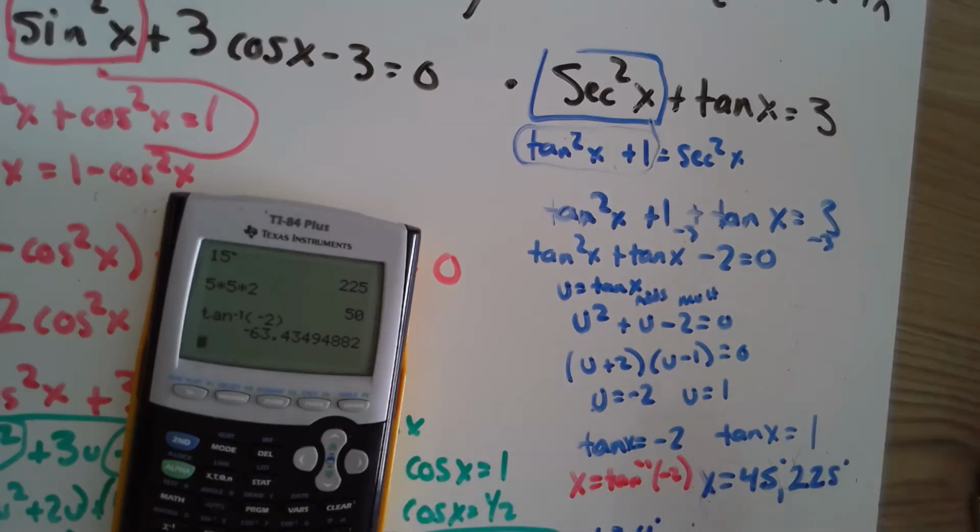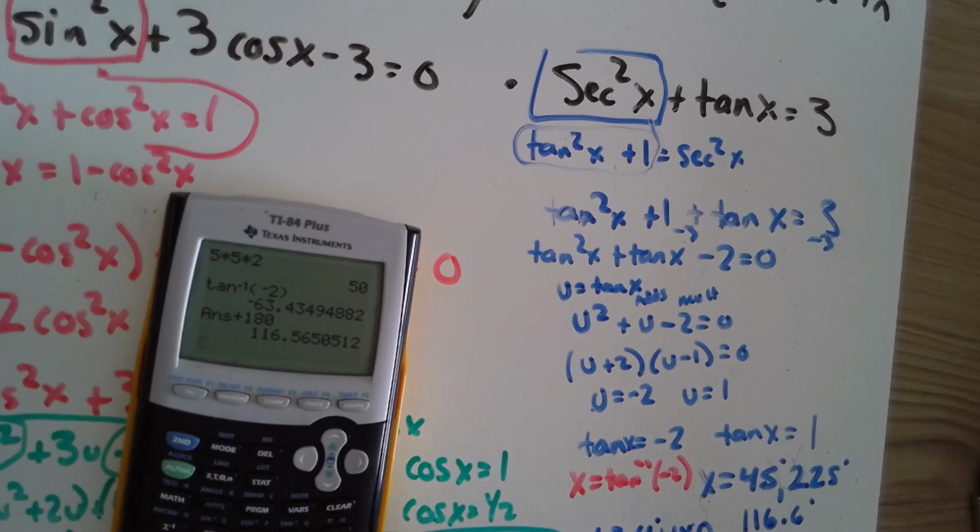Okay, is that in our interval? Is that in our interval of 0 and 360? No, but what do we know about the period for tangent? It's every 180 degrees. So I'm going to add 180 degrees to this. That gives me 116.6 degrees.